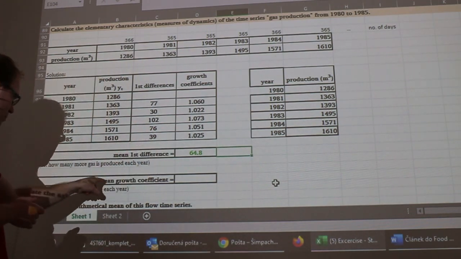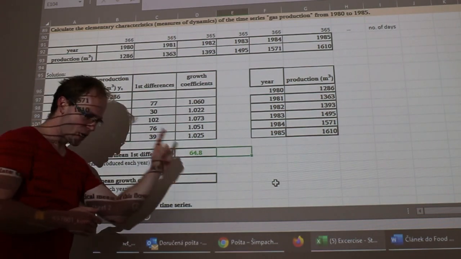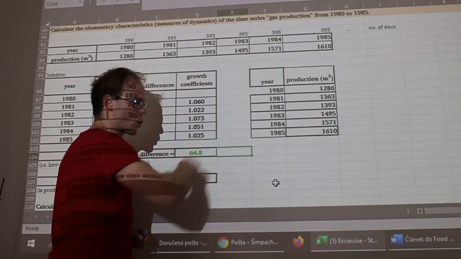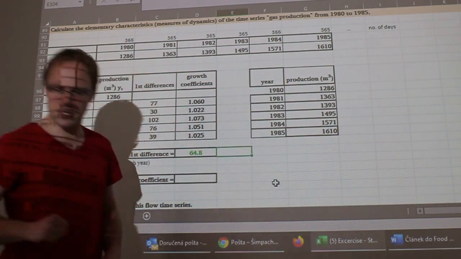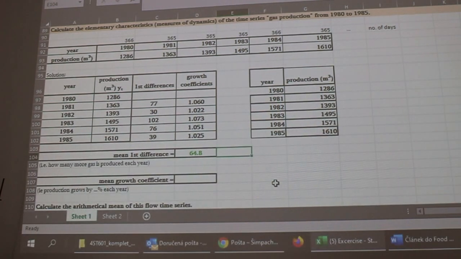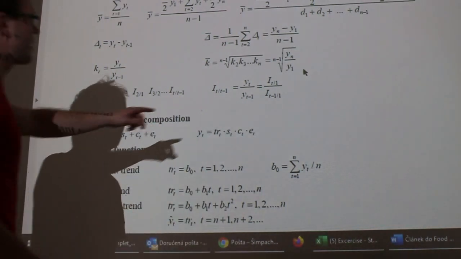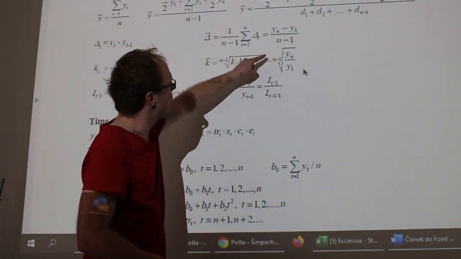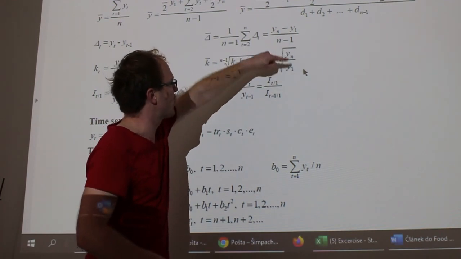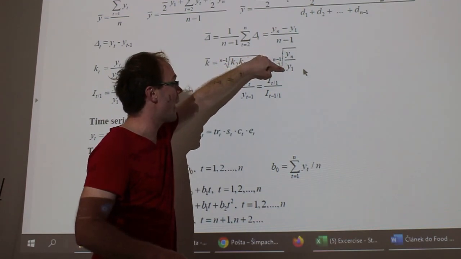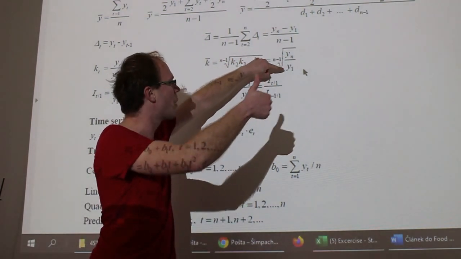Relative expression, mean growth coefficient. Yes, so check your formulas and find here K with stripe. We will use this last part. You can see that there is a root, yes? N minus 1 root from the ratio last observation yn divided by first observation y1.